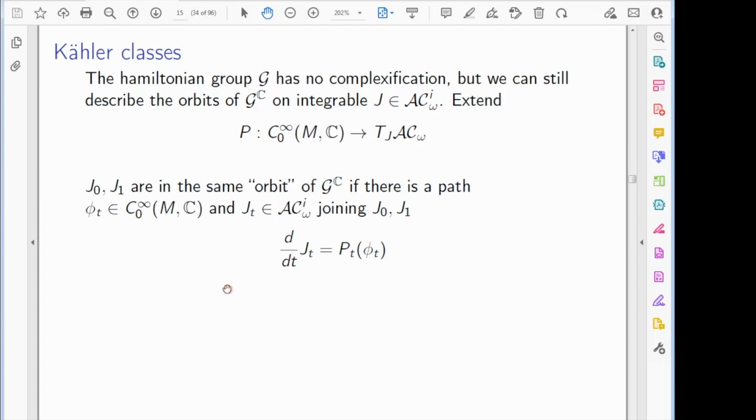So you can also consider this infinitesimally. If you consider the action, the smooth functions are the Lie algebra of the Hamiltonian group. If you complexify that, then you get the complexification of the Lie algebra of the Hamiltonian group.